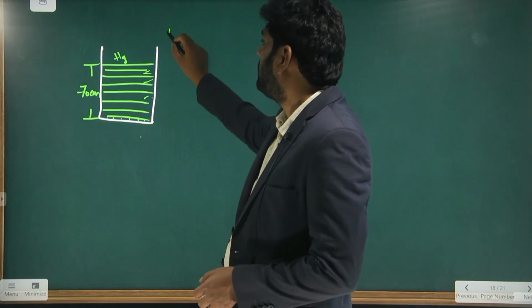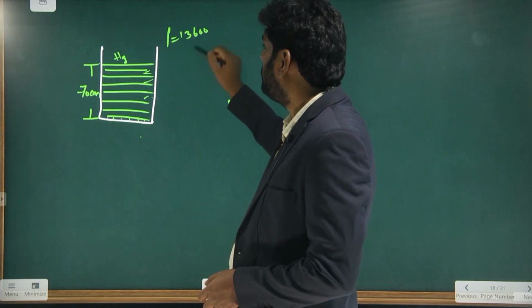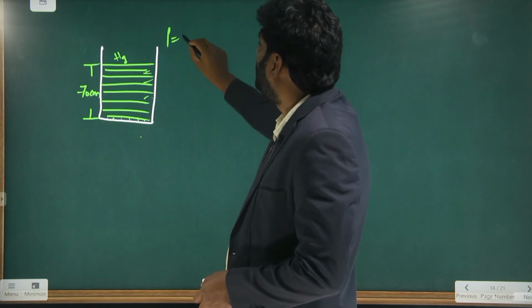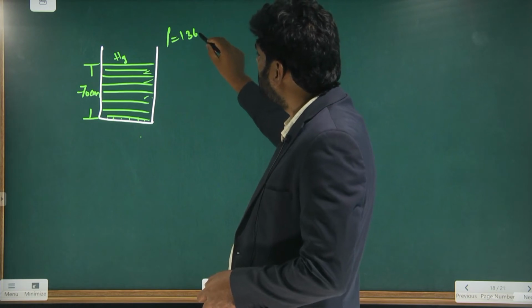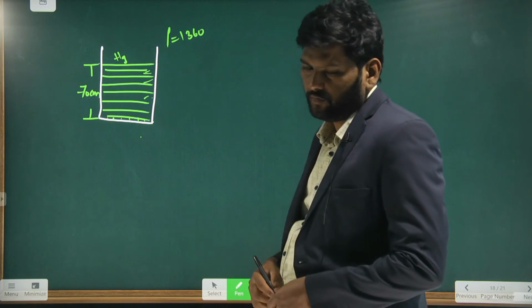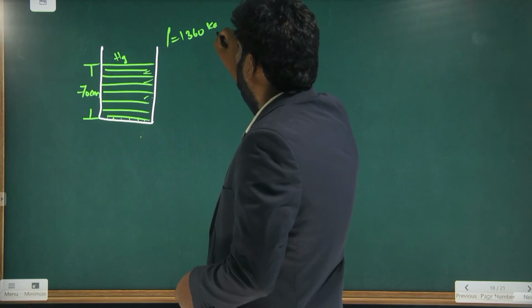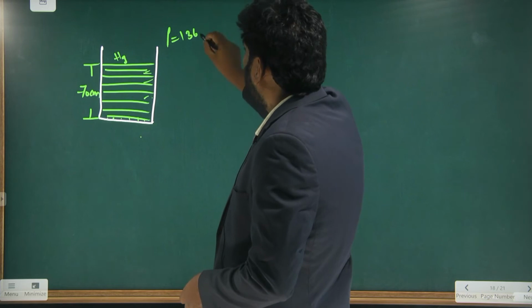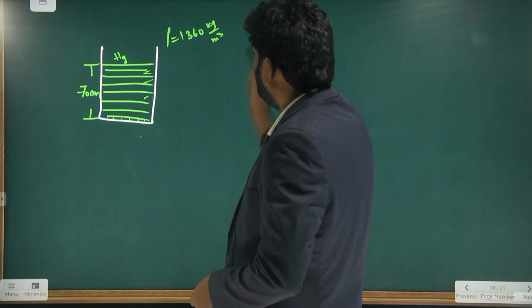So here the density of the mercury is 1360 kg per meter cube.